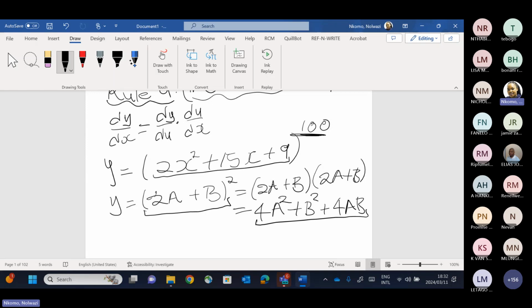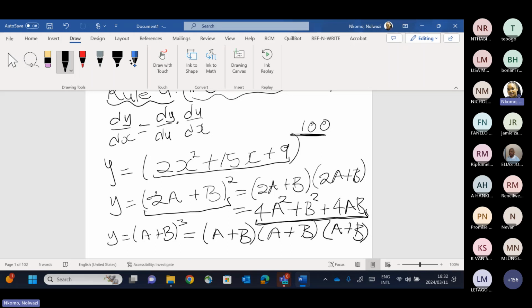So again, if you have something like this, y equals a plus b to the power 3, you can simplify this as a plus b times a plus b times a plus b. Then you expand all the brackets, you multiply them to make it simple like this, right?